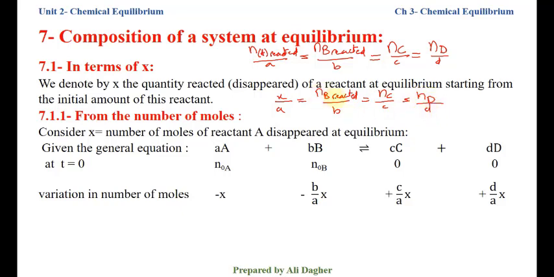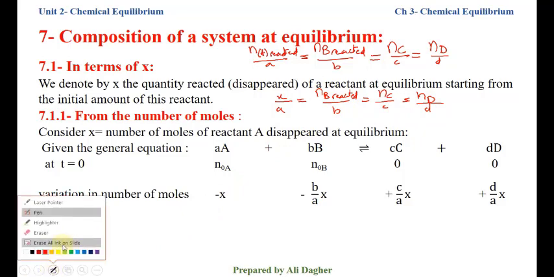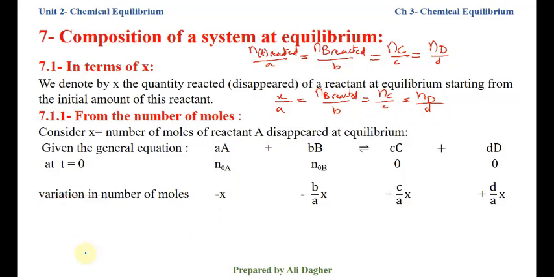If you want to calculate the number of moles of B reacted in terms of X, the number of moles of B reacted equals b times X over a.